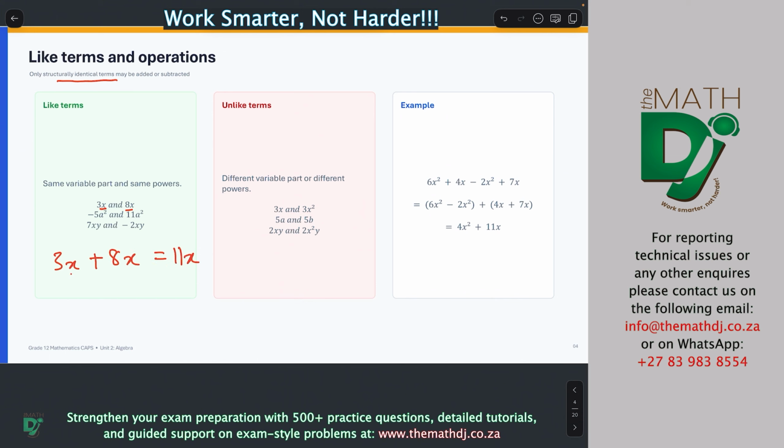They are all under x, so they can be added. But if it was 3x plus 8x squared, it cannot be simplified further because this one is x squared, this one is x. So they are not structurally identical.